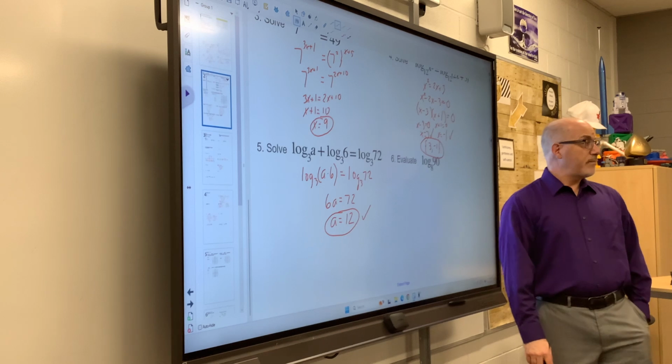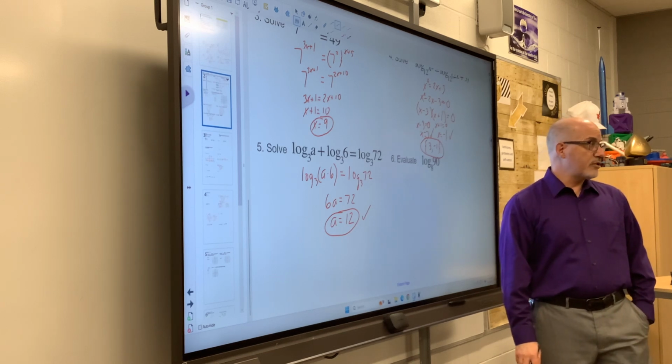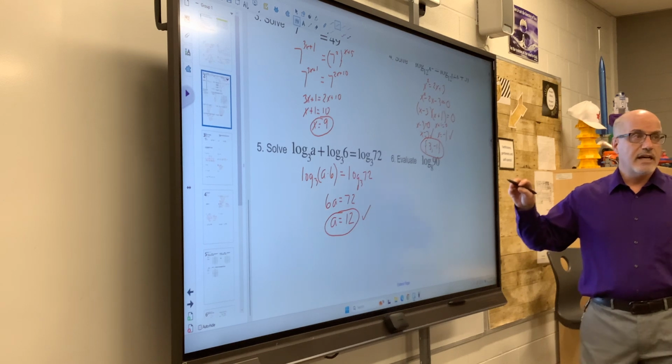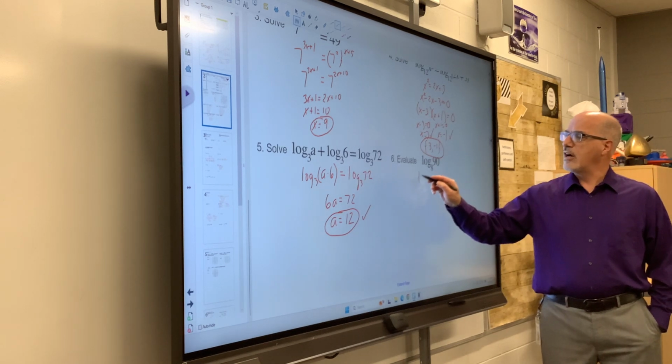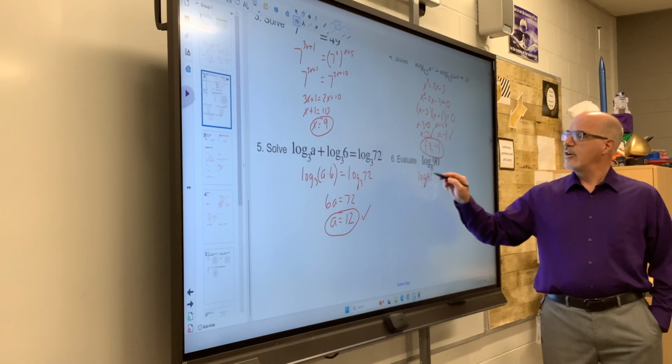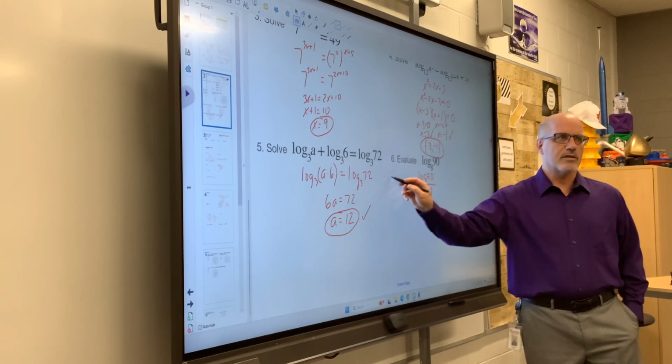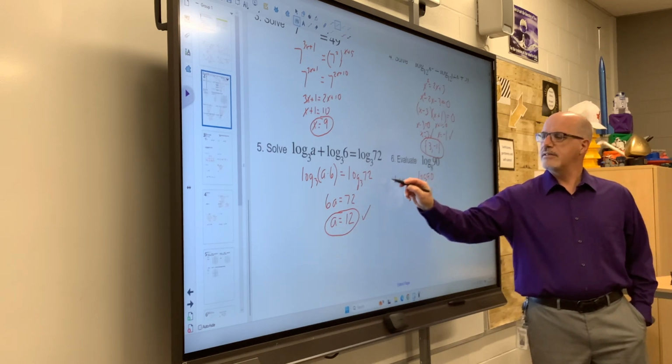All right, the last one is for our calculator. I just want to remind you, because you'll see this probably in the multiple choice, okay? On this one, you want to take the log of 90 over the log of 8. This is the change of base theorem we talked about. Change of base.